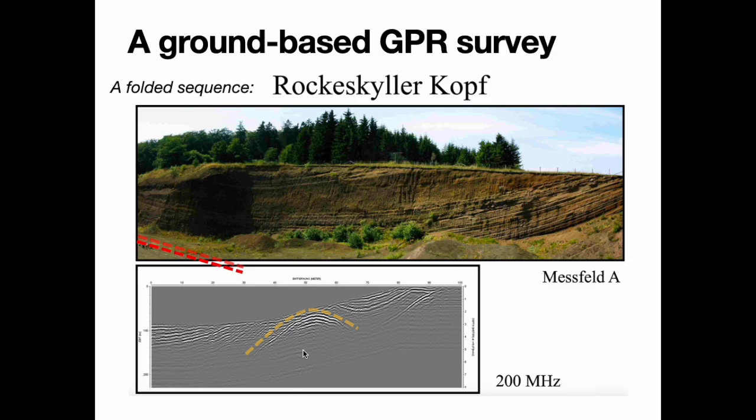These are radar measurements made with a given frequency of the source. Here you see 200 megahertz, and these are the obtained results. So you can recover, for example, the shape of the strata. We see the folds, which can be observed in the outcrop. They also, of course, continue below the subsurface.